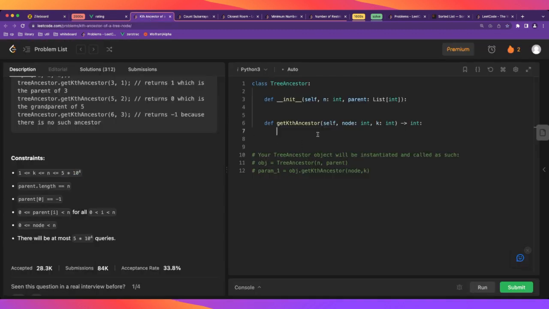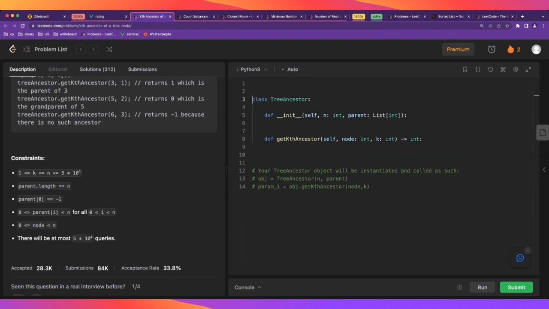Okay. So without further ado, let's code it. So let's make the ancestor table that we talked about. The size is going to be bits in the first dimension, and in the second dimension it's going to be n.